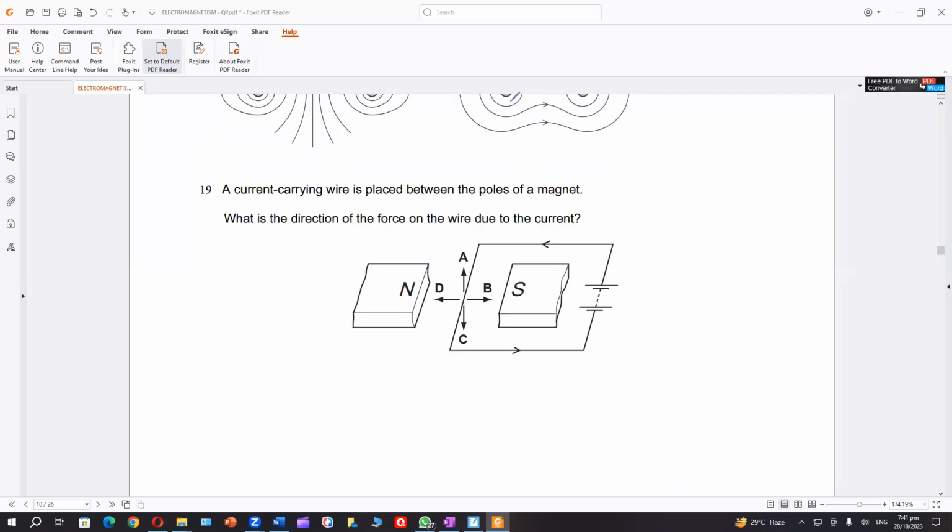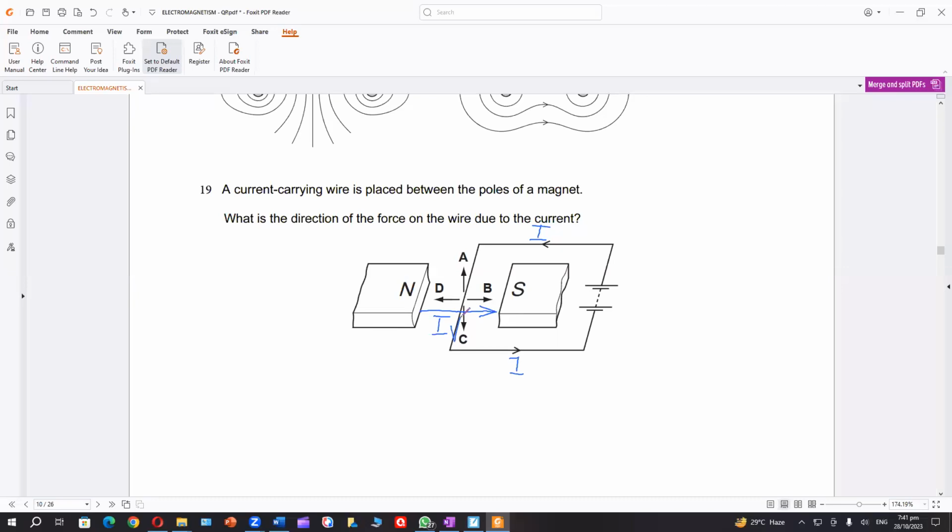Now, number 19. A current carrying wire is placed between the poles of a magnet. What is the direction of the force on the wire due to the current? Magnetic field is north to south. And let me show the current. Its current is coming like this.